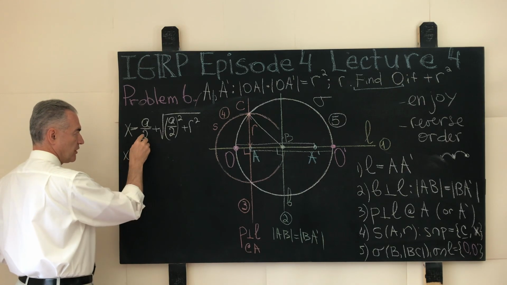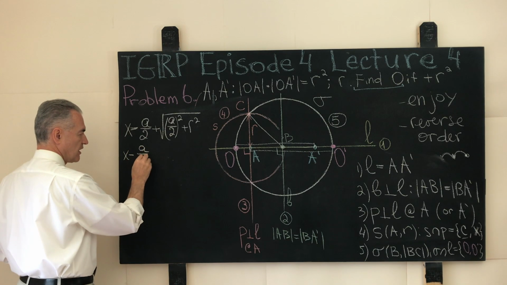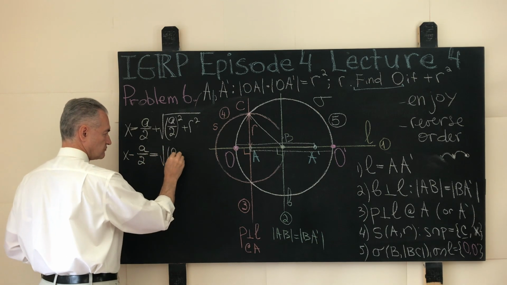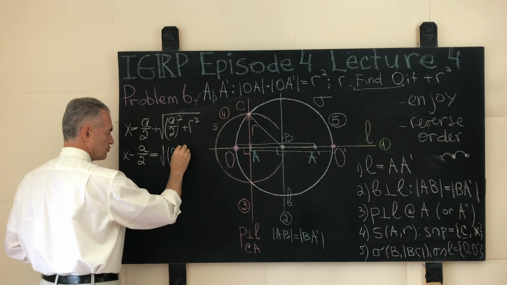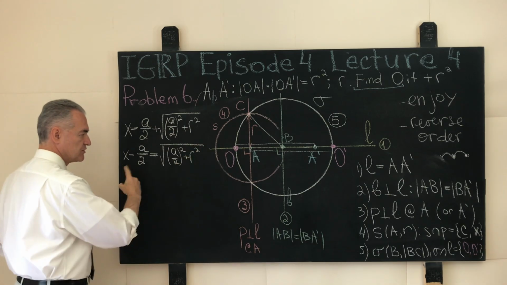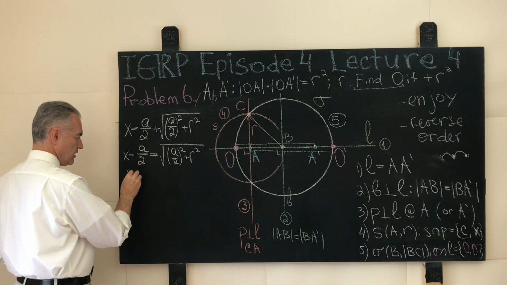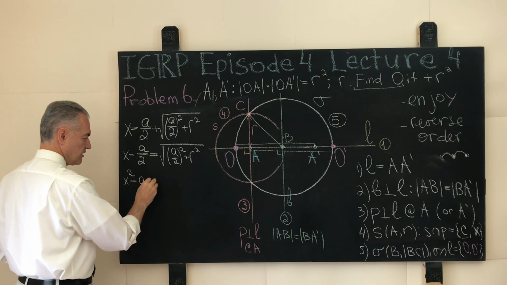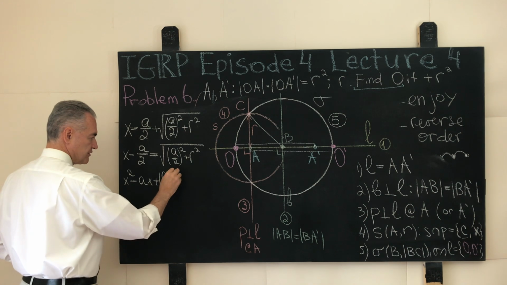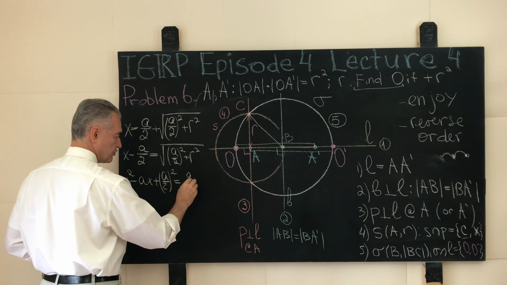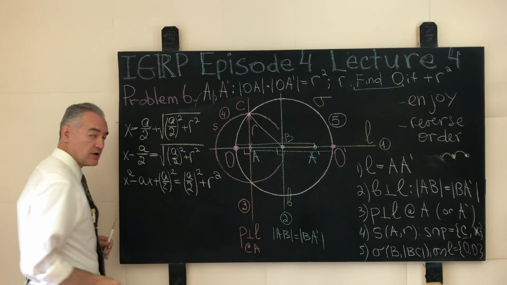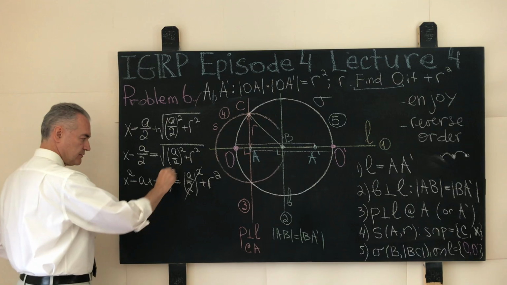Carry the term A over 2 over: X minus A over 2 is equal to the square root of (A over 2) squared plus R squared. Square both sides. X squared minus AX plus (A over 2) squared is equal to (A over 2) squared plus R squared. Cancel, cancel.